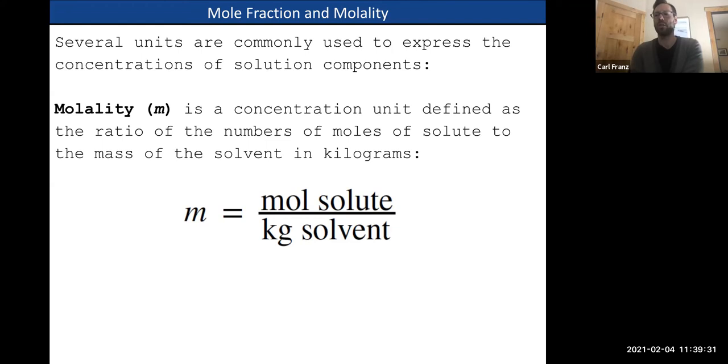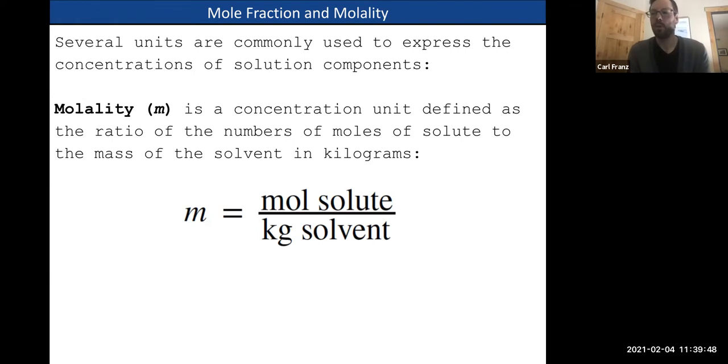However, solution volume can change with temperature, right? It can expand or it can contract. And so likewise, molar concentrations can vary.